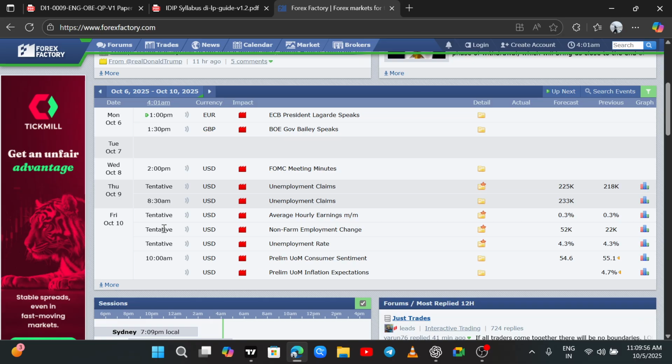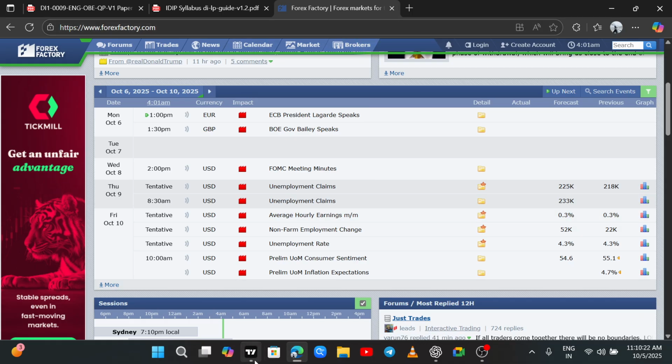Also, these are tentative, which means they can be rescheduled. There is no absolute certainty that the news will come out on the Friday. In my experience, I am experiencing this for the first time. So we'll see how the price action develops this week, and we'll look to take trades basically.